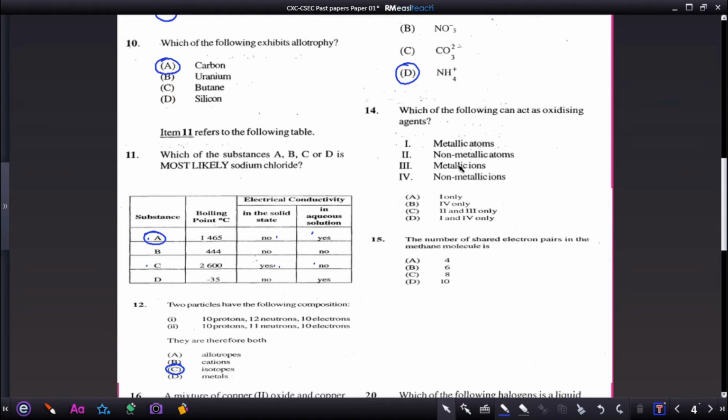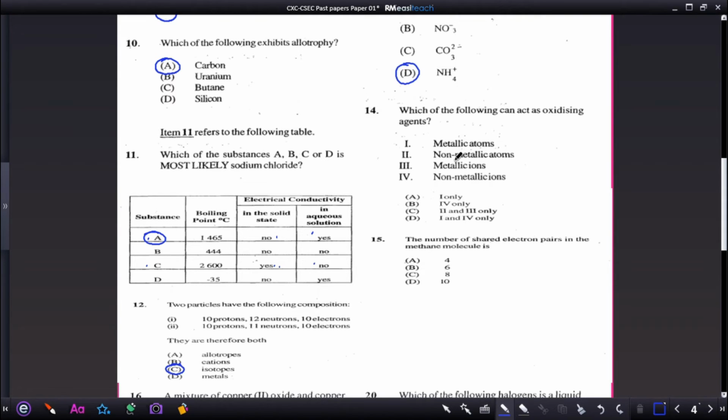The nonmetals, on the other hand, are oxidizing agents while they undergo reduction. So they would accept the electron and undergo reduction while they cause other species to undergo oxidation. So the answer here would be, it's none of the metals.